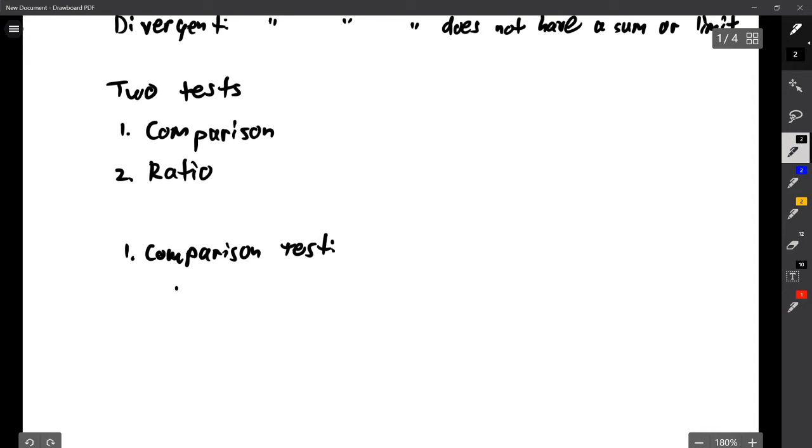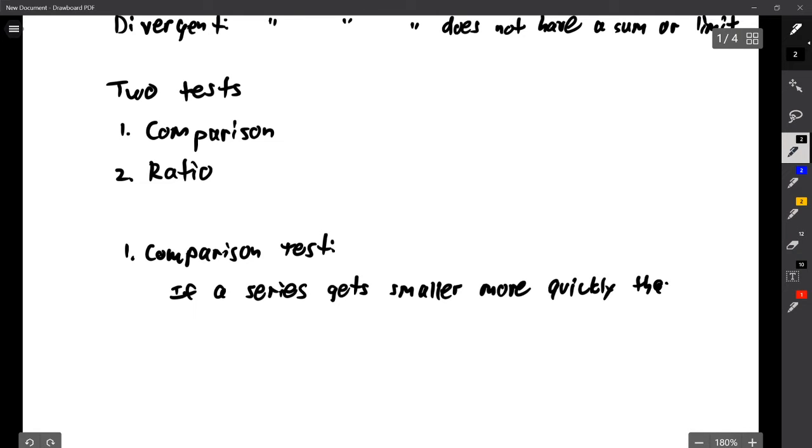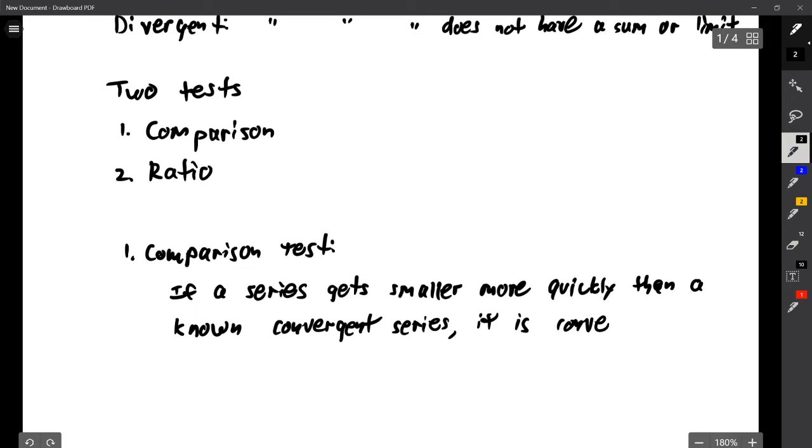We can say this: if a series gets smaller more quickly than a known convergent series, it is convergent.